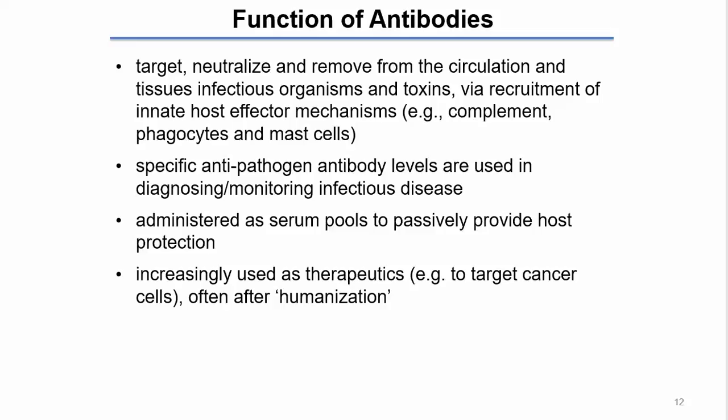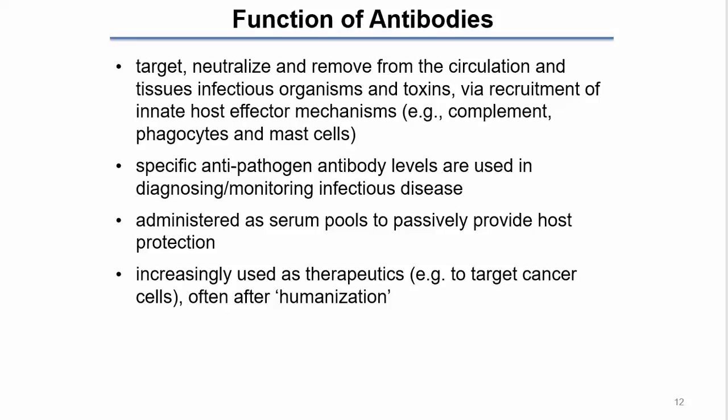We can use antibodies in a passive way by making a serum. For instance, if you're bitten by a rattlesnake, you don't have the time to make the antibodies against the snake venom to protect yourself, because you'll probably die before the immune system can do that job.